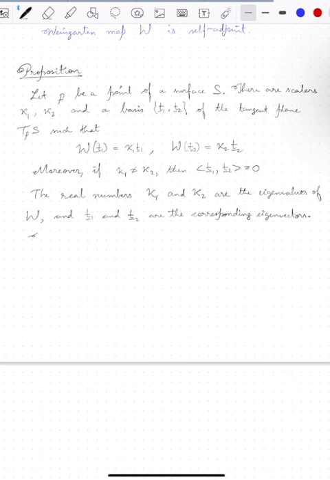So here specifically we call kappa 1 and kappa 2 the principal curvatures of the surface S at point P, and T1 vector and T2 vector are called principal vectors.